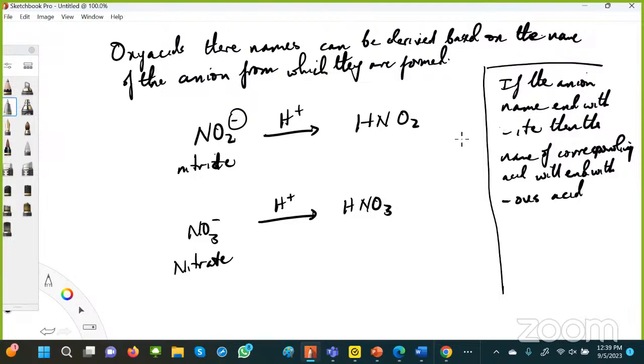All right. So in this particular case, the name of this ion is called a nitrite ion. So therefore, the name of the corresponding acid is nitrous acid.